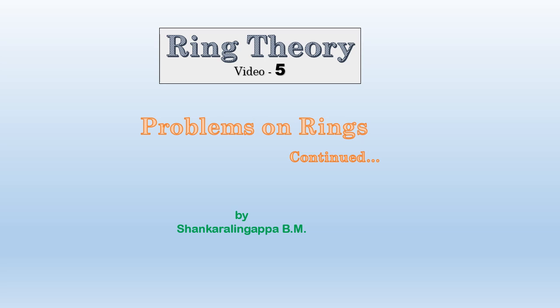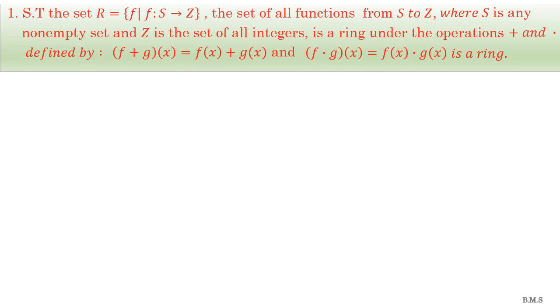In this video, we shall continue with this problem. Show that the set R, equal to the elements of the form f such that f from S to Z is a function, the set of all functions from S to Z, where S is any non-empty set and Z is the set of all integers, is a ring under the operations plus and dot defined by (f plus g)(x) is equal to f(x) plus g(x).